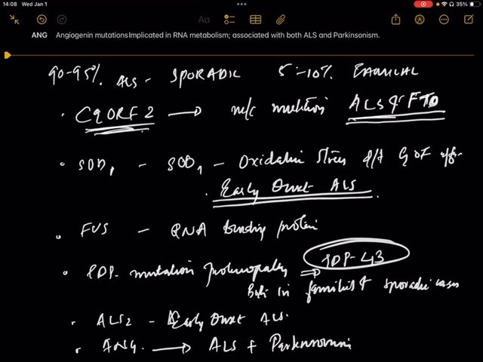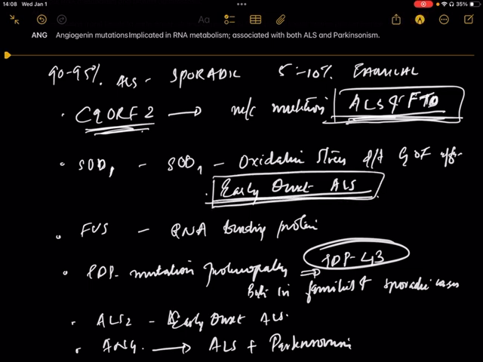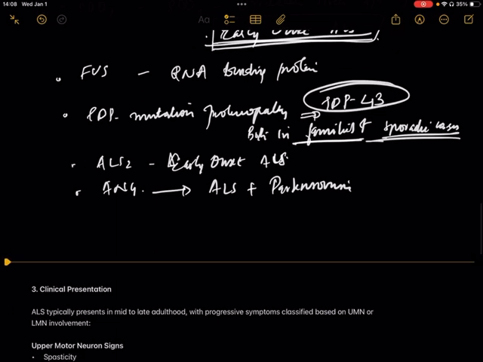So C9orf72 is associated with both ALS and frontotemporal dementia. SOD1, that is superoxide dismutase 1 mutation, is associated with early onset ALS. FUS is a mutation affecting an RNA binding protein. TDP43 mutation results in accumulation of TDP43 and is seen both in familial as well as sporadic cases of ALS. And ALS2 results in early onset ALS like SOD1, and ANG mutation is seen in both ALS and Parkinson's.